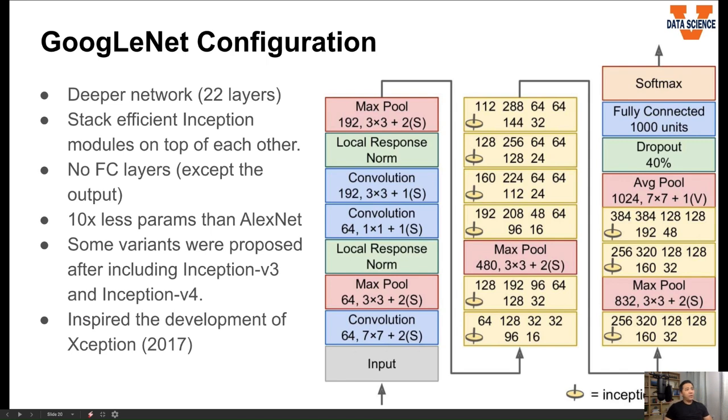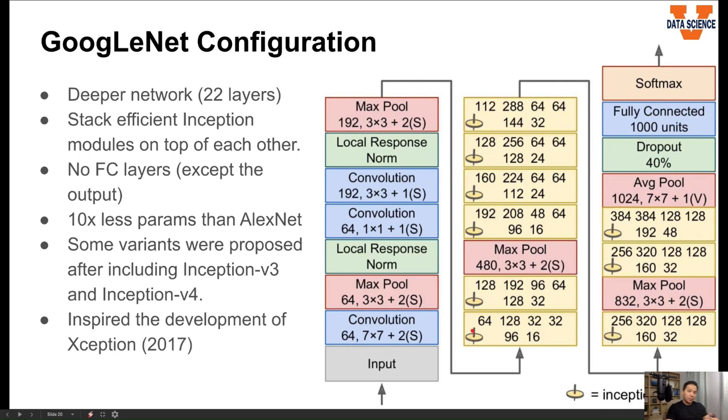And here's some configuration for GoogleNet. Certainly a lot deeper, it's 22 layers. It has many inception modules together. So this module is a lot more complicated than just a regular convolution, right? This is a network within the network. There is no fully connected layer except the output here. A lot fewer parameters.